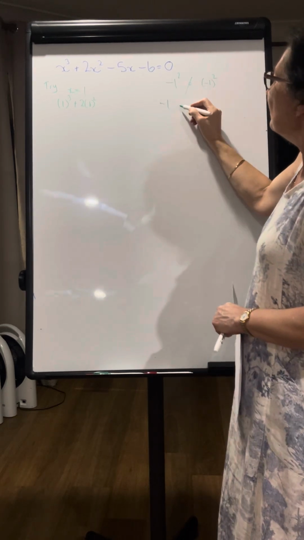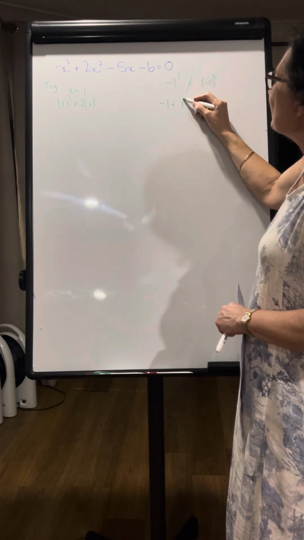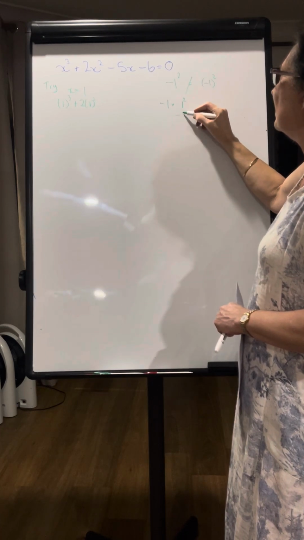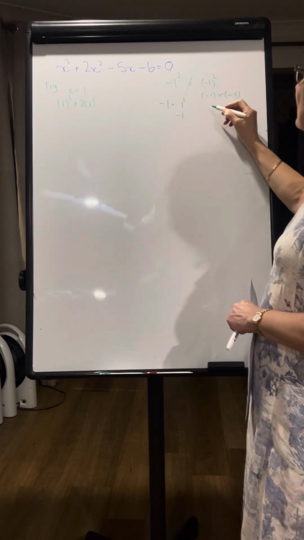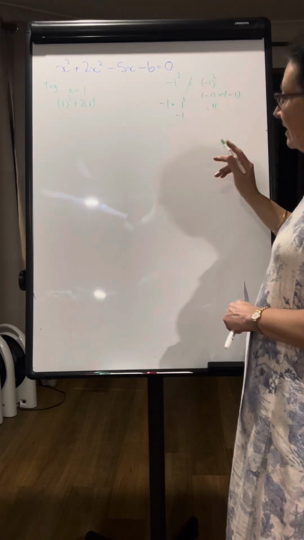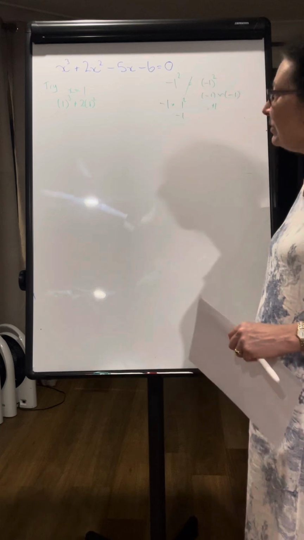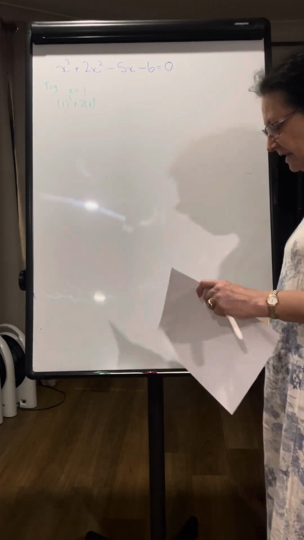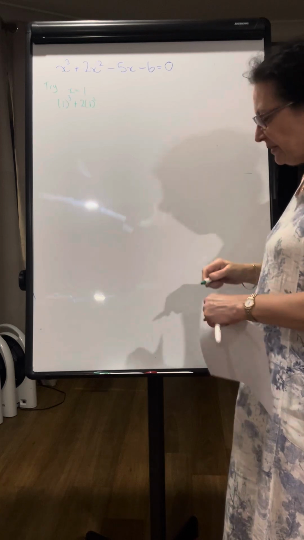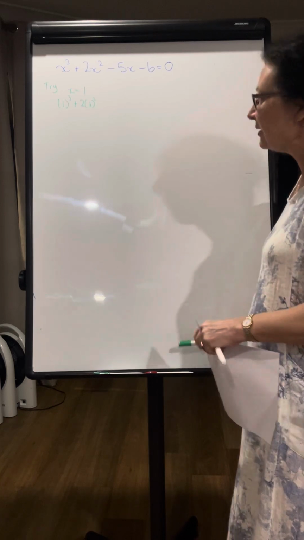Negative 1 squared is negative 1 times 1 squared, which is just negative 1. But negative 1 all squared is timesing all of that by itself, which is positive 1. So be very wary. One of my rules is when you're doing substitution to put the values in brackets so you don't make a mistake.